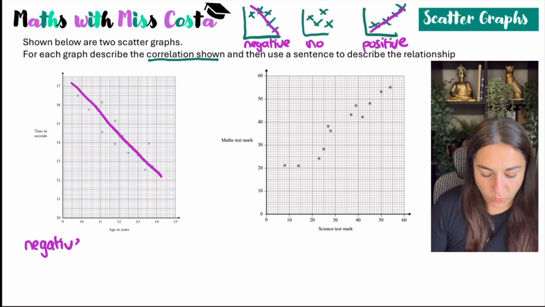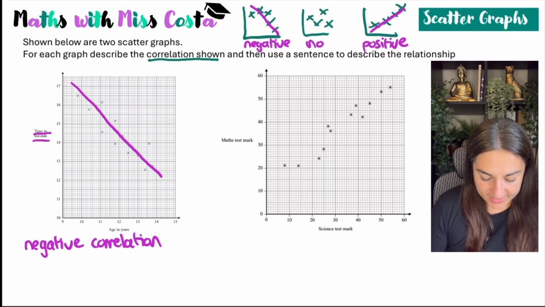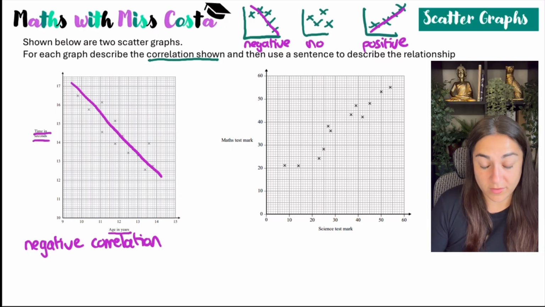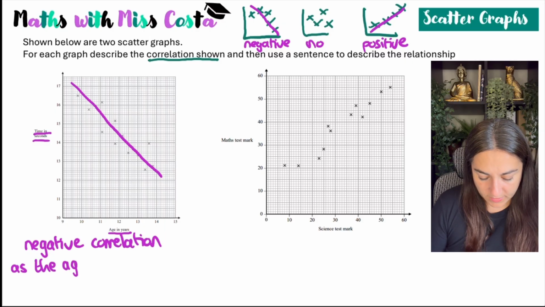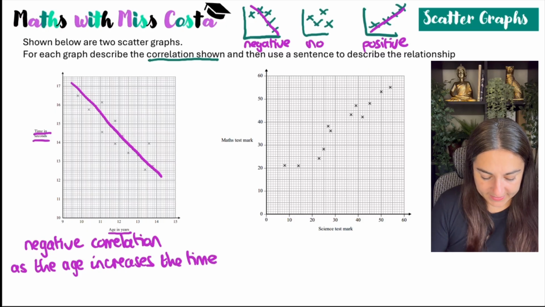Now the x and the y axes tell me what's happening. So in this graph, I'm told that there's a time in seconds, and age in years. So I haven't been told the context of the graph, but I know as the age increases, the time in seconds decreases.